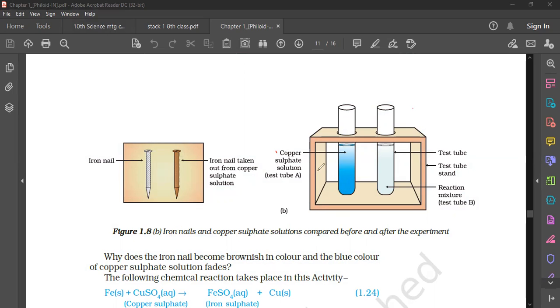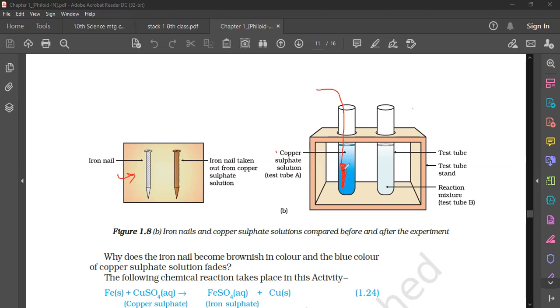Generally, you have discussed that copper sulfate is blue in color. Now we will take one iron nail. Generally, iron is white in color, but I have drawn it with red color. So when you take the iron nail and keep it in this solution, what will happen?